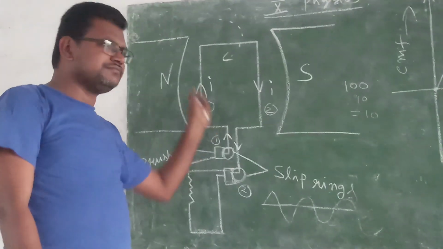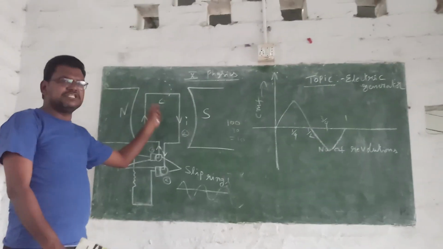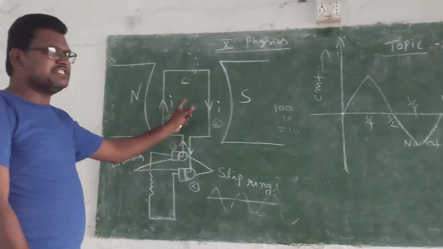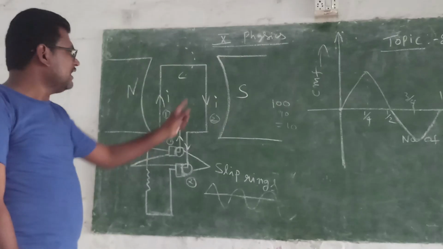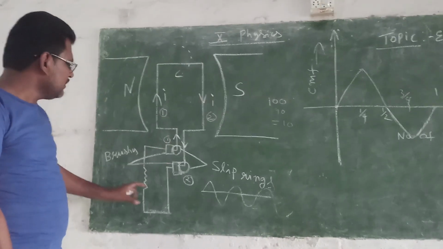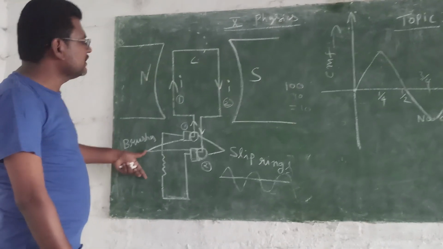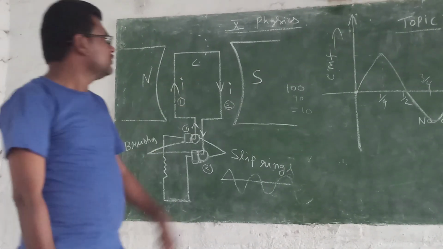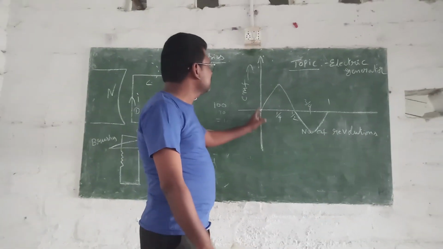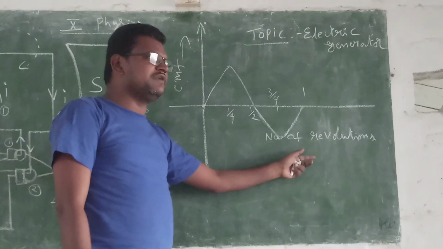As long as the coil rotates, the change in magnetic flux takes place, and that change in magnetic flux induces the EMF and induces the current, and that induced current flows through the external wire, from which consumers can utilize it. So this is the working of the AC generator, and here this is the graph drawn: EMF induced versus number of revolutions.